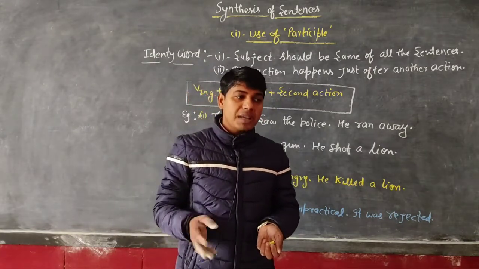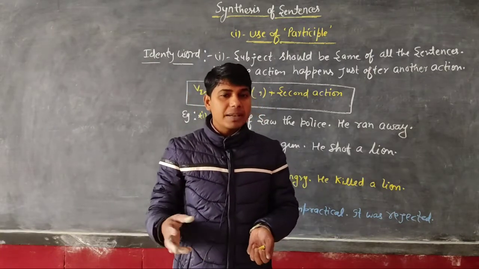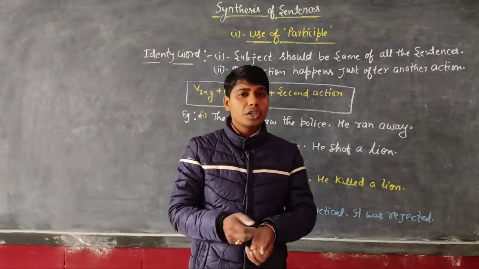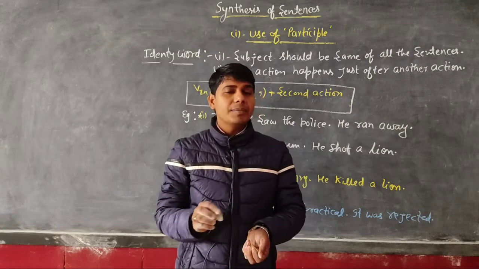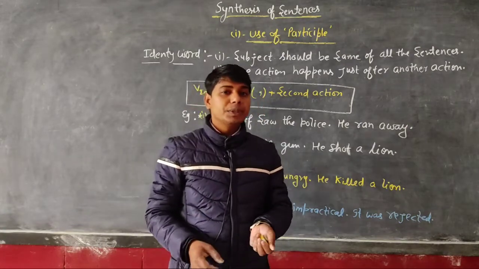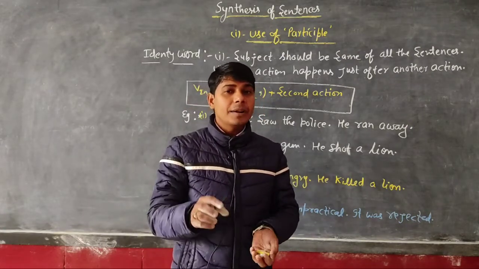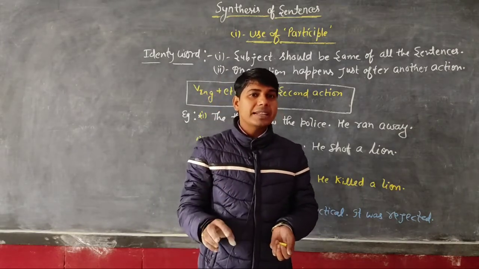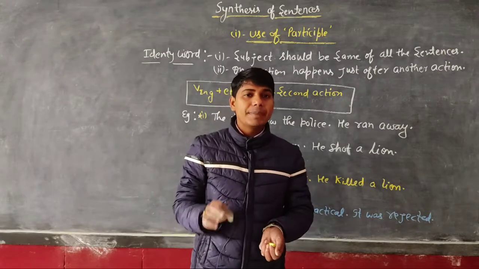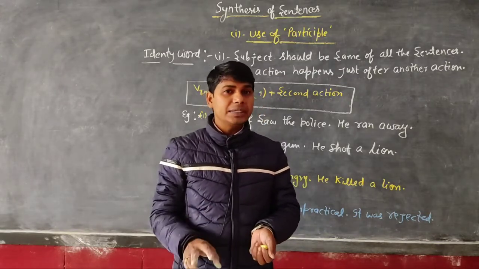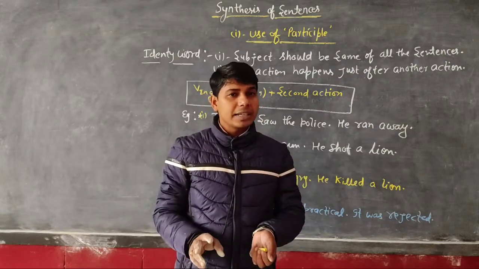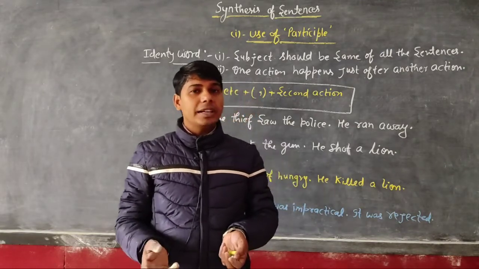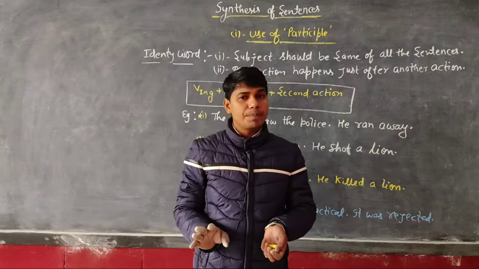You must learn whether the given sentence will join by the use of participle or not. So I am going to tell you a few keywords of the participle. If the given sentence follows the keywords, then it will be joined into a simple sentence by the use of participle.